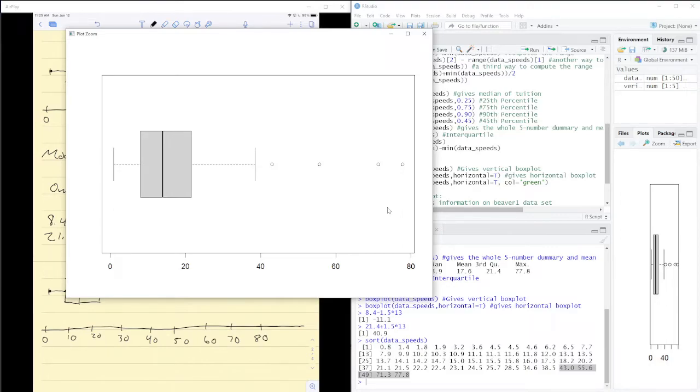Okay. So my highest one that's not an outlier is 38.5, which is about here. And then outliers at 43, 55.6, an outlier at 71.3, and an outlier at 77.8. Okay.